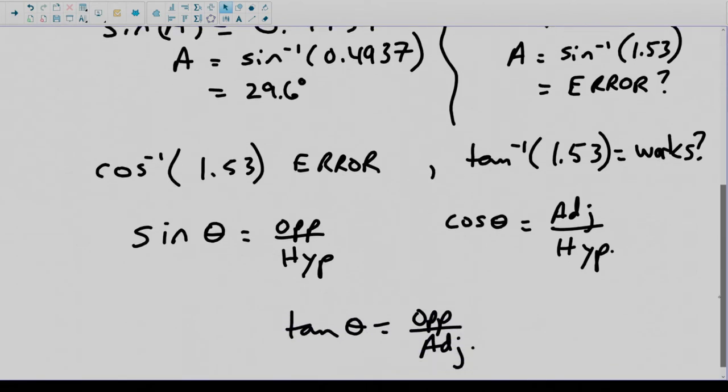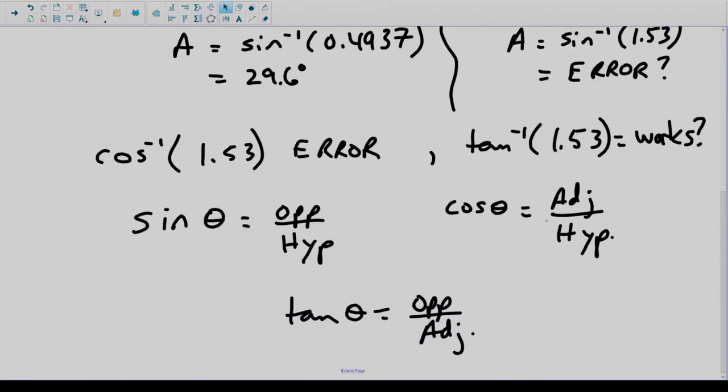And the reason is because of how sine, cos, and tan are defined. When you're arc sining a value, you're arc sining the ratio opposite divided by hypotenuse. When you arc cos a value, you're arc cosing a value that's based on the adjacent divided by the hypotenuse. And both of those have something in common that the tangent's ratio doesn't have.